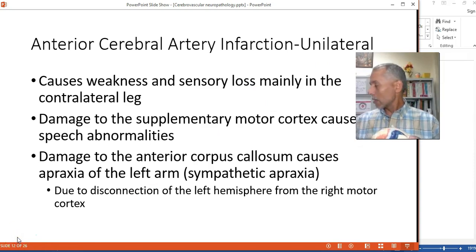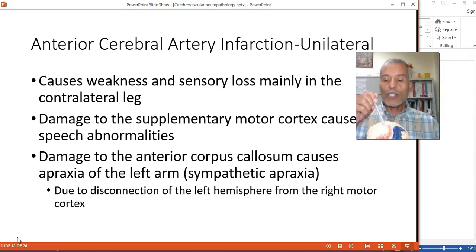So here is the primary motor cortex, and in front of it, in this location, that is the supplementary motor area, and it starts here, and it continues in between the hemispheres.